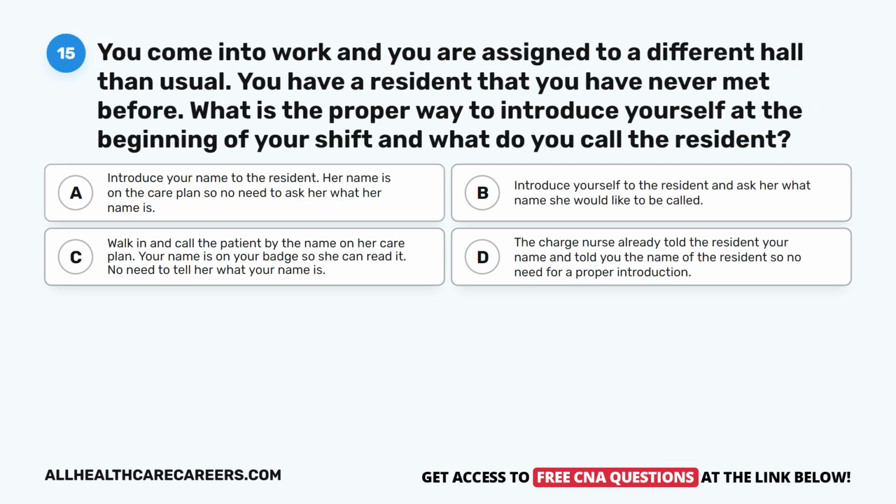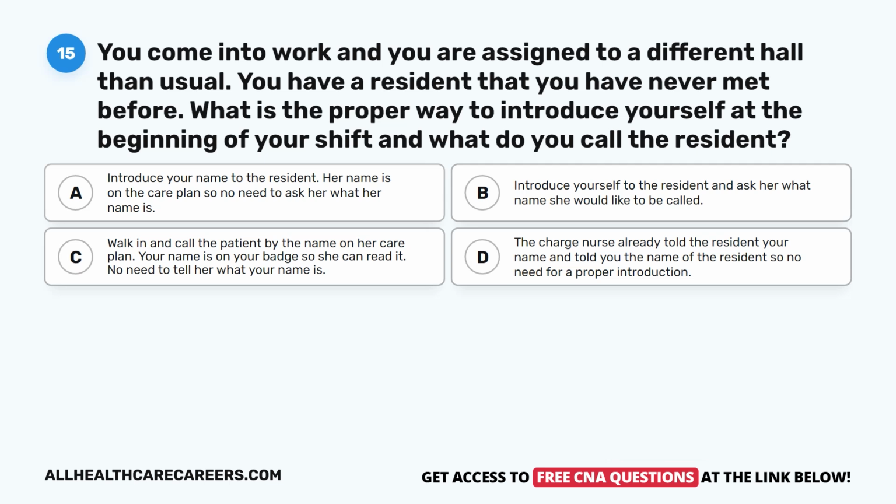Question 15. You come into work and you are assigned to a different hall than usual. You have a resident that you have never met before. What is the proper way to introduce yourself at the beginning of your shift, and what do you call the resident? A. Introduce your name to the resident. Her name is on the care plan, so no need to ask her what her name is. B. Introduce yourself to the resident and ask her what name she would like to be called.